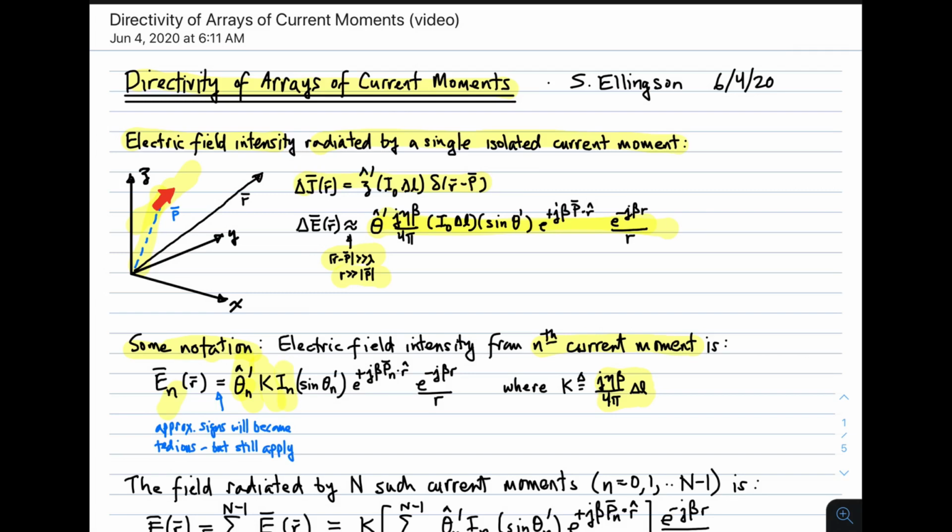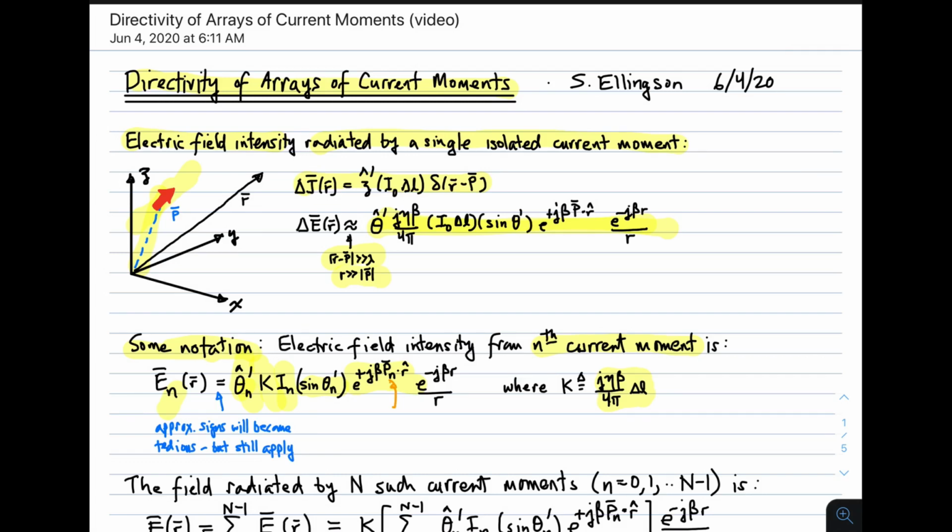What's left over is I sub n, which is quite important because that describes the excitation. Sine theta prime n. And once again, the subscript is n because each one of these current moments could be in a different direction. This phase pattern description, e to the plus j beta p sub n dot r hat. And once again, each one of these current moments is at a different location, so it's p sub n.